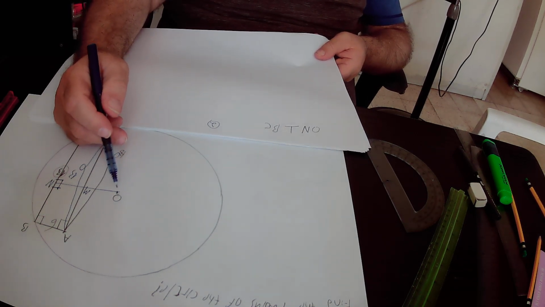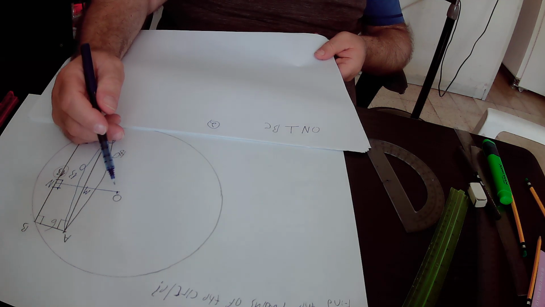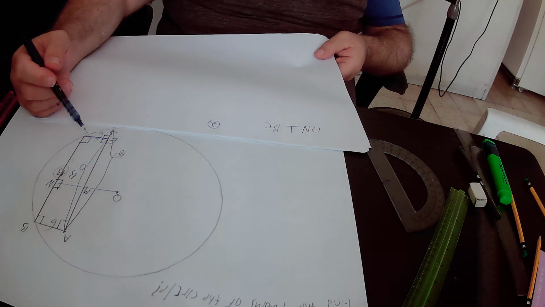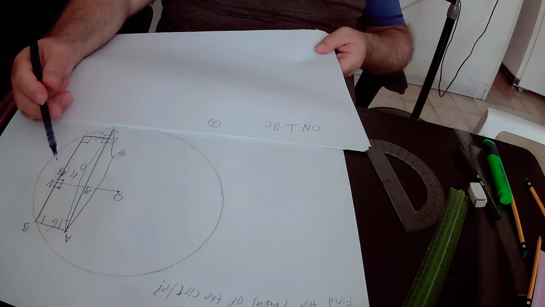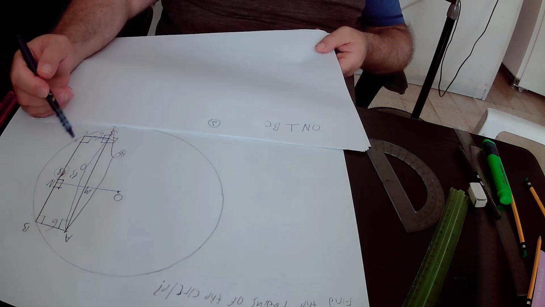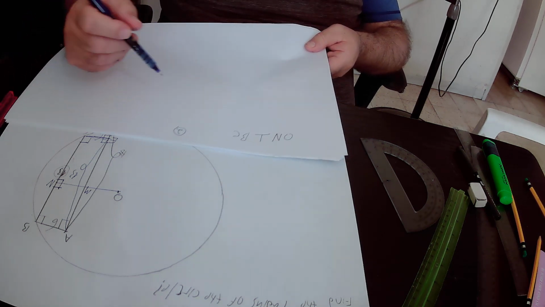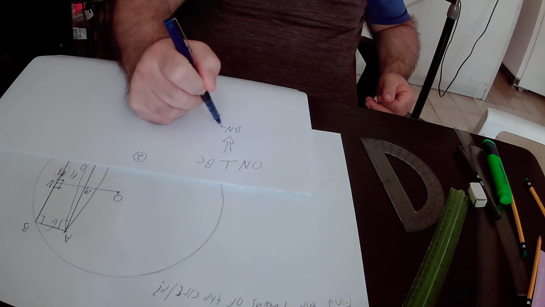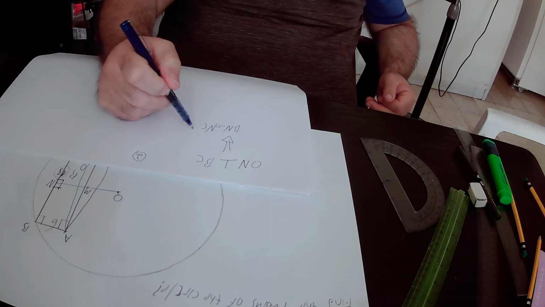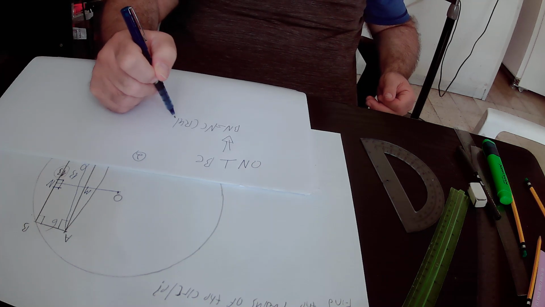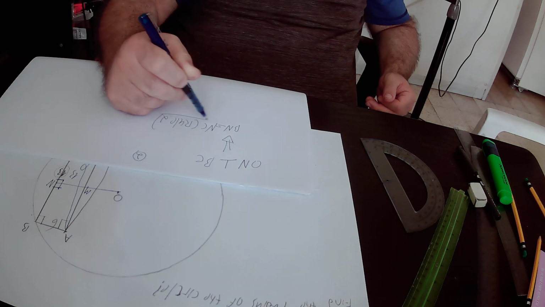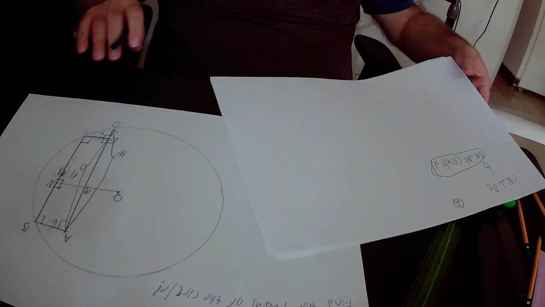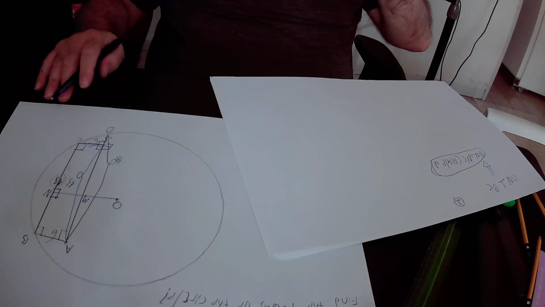And point O is the center of the circle, so the perpendicular that exits from the center of the circle towards chord BC, according to rule number 2, bisects chord BC. That is to say, BN equals NC according to rule number 2. Okay?